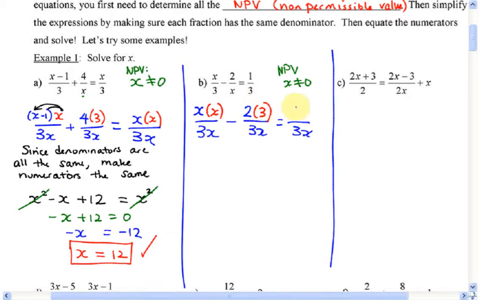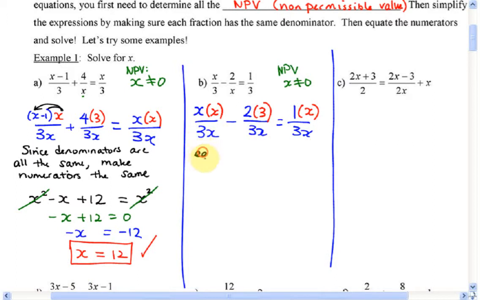And then we've got the 1, and multiplying that by the x. Okay? So once again, you're doing the same thing as last day, right? Adding, subtracting fractions, find the common denominator, find the equivalent fractions with that same denominator. And now the extra part is just equate the numerators.